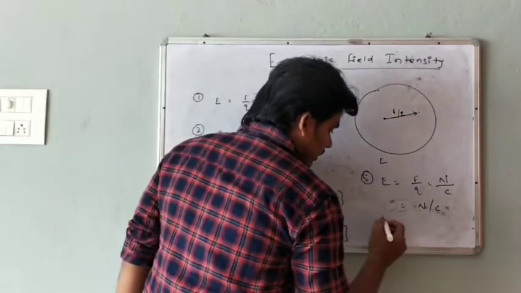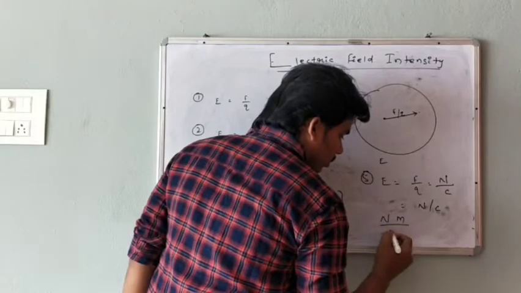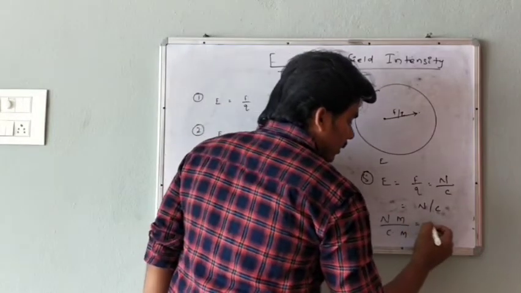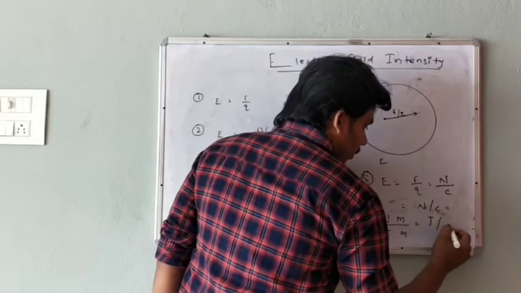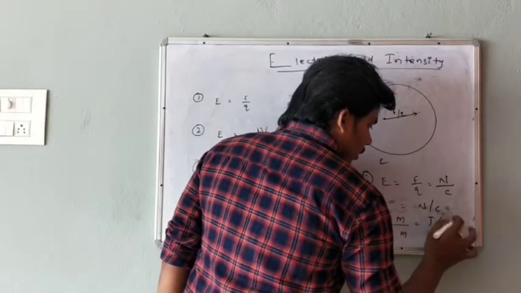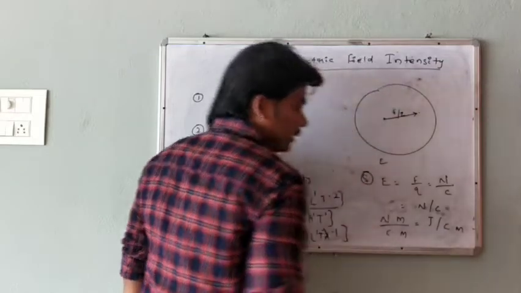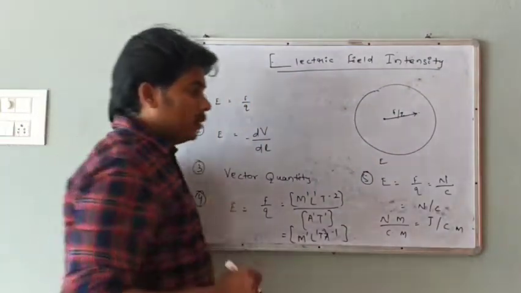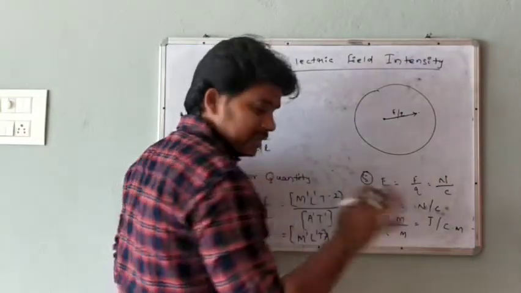In addition to this, if you multiply by meter in both numerator and denominator, Newton into meter will give joule, so we get joule per coulomb into meter. This also will give another unit of the electric field intensity.